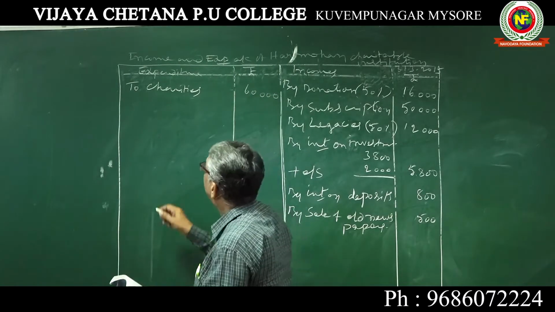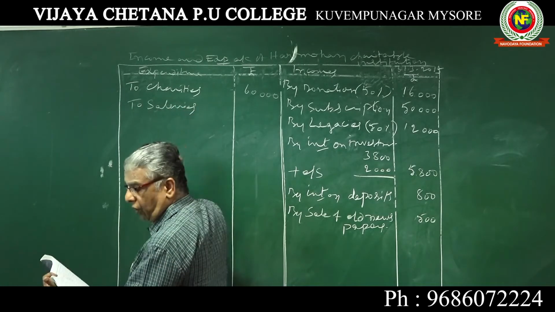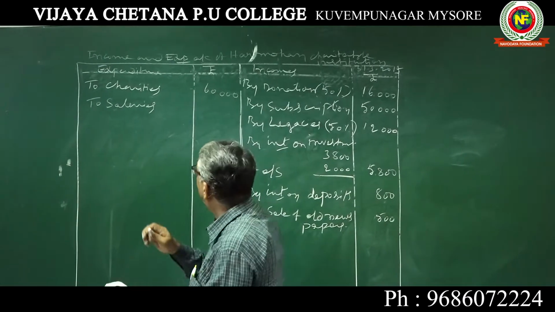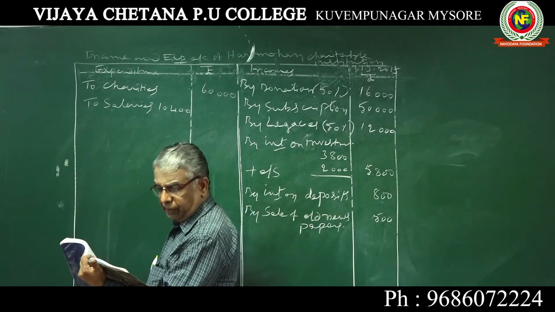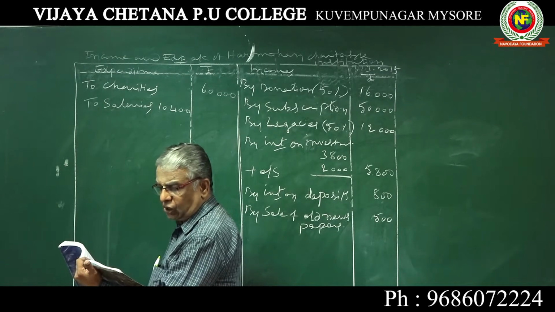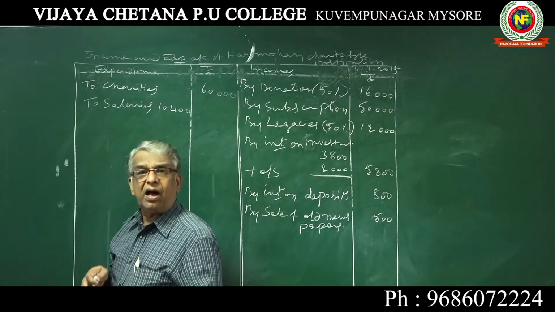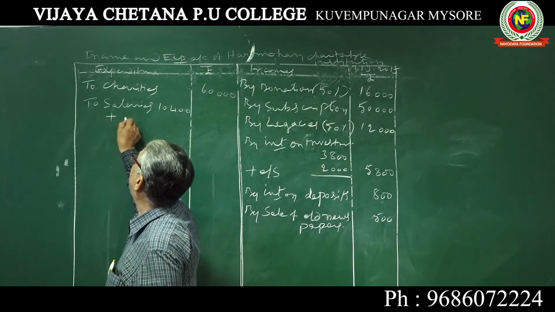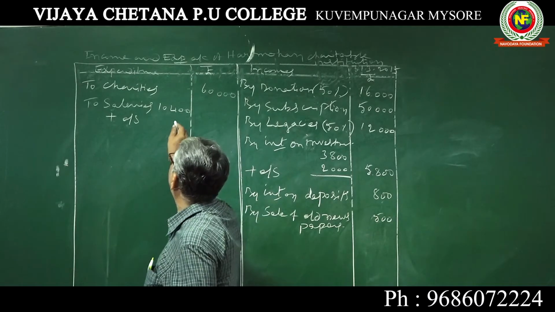And then salaries. Regarding salary, we have one adjustment. The salary amount here is given as 10,400. Adjustment number 2: the liability to be provided for salaries, rupees 1,200. That is salary incurred but not paid. It is an expenditure incurred but not paid. So we have to add the outstanding salary of 1,200.